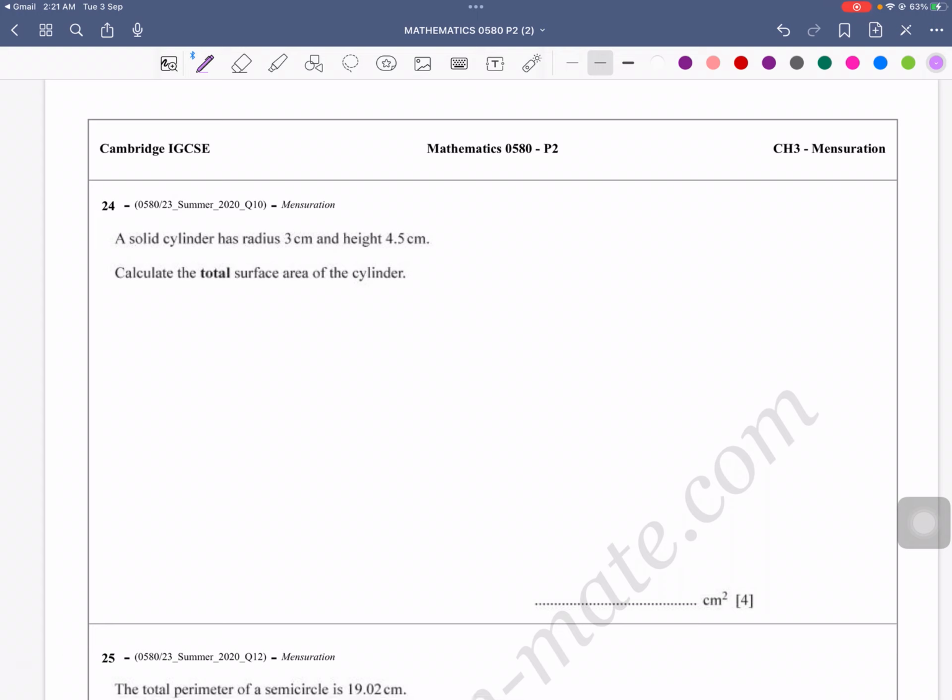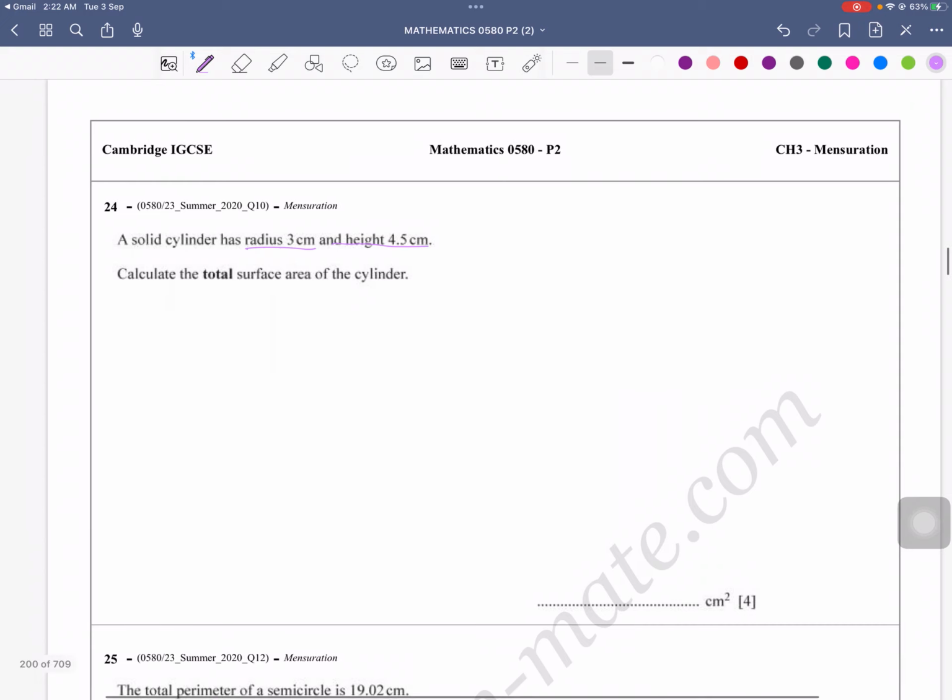Then they're saying a solid cylinder has this radius and this height, right? How we do it is simple. In total surface area there are two things, right? For a cylinder there are the two circles up and down, and the perimeter of the entire circle that's running along the length.